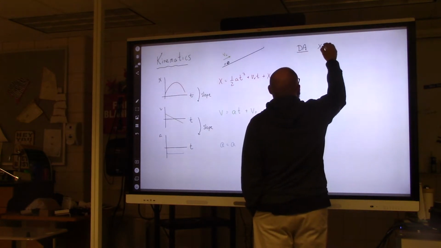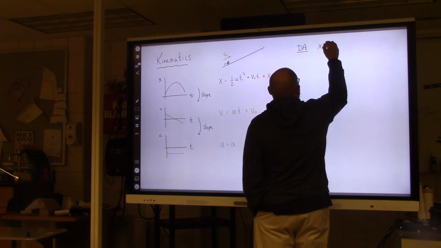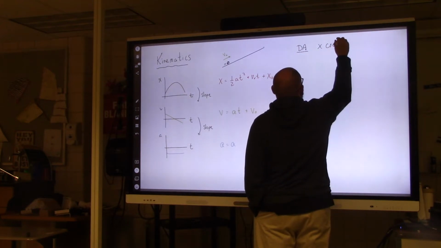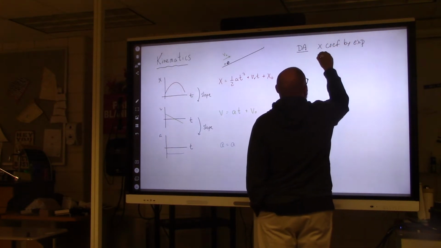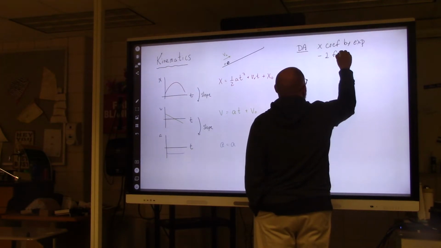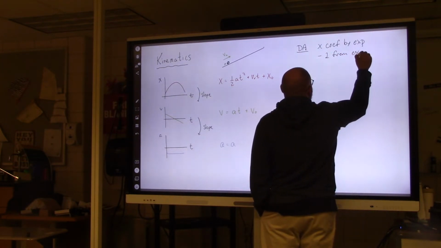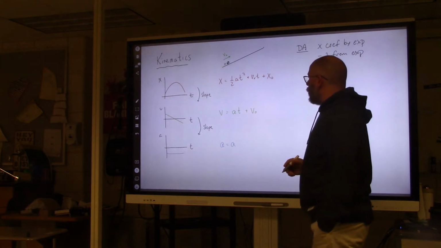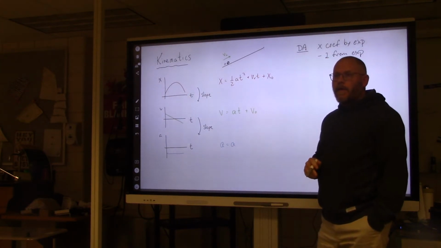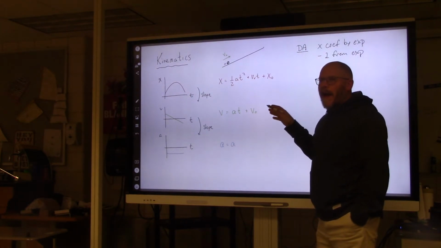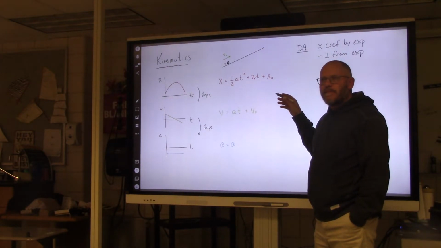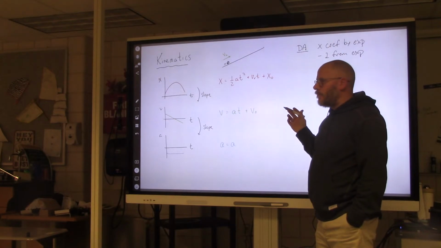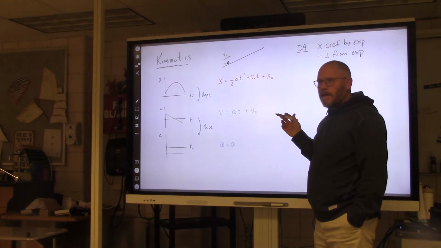Multiply by the exponent and subtract 1. Yeah, that's exactly what it is. So to go from here to here, we could just do that even with these equations without numbers.